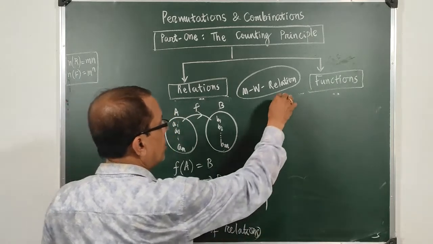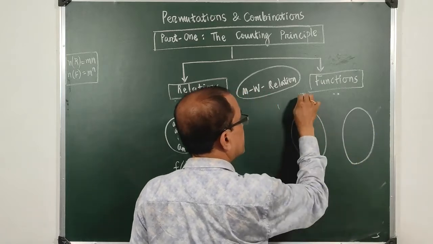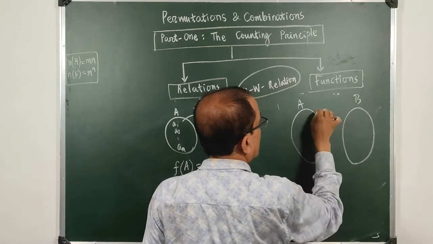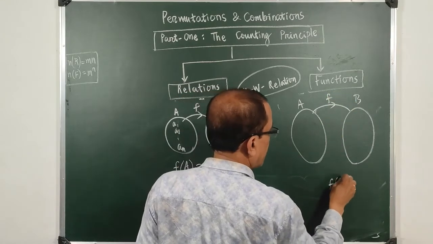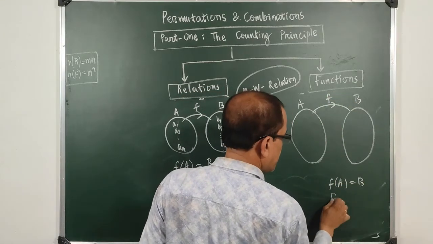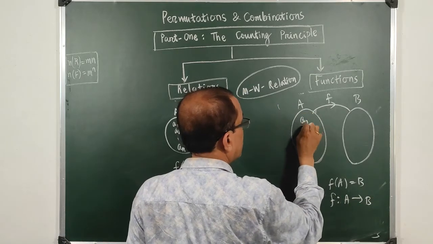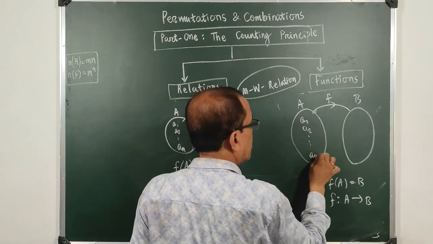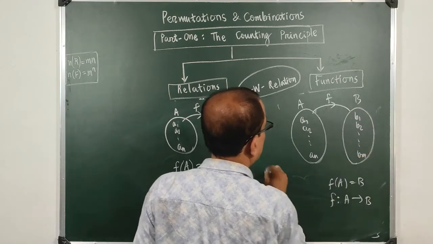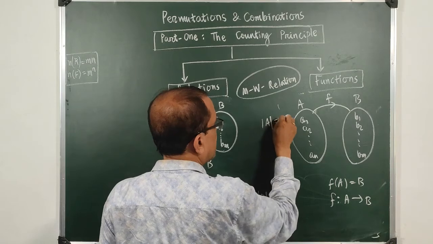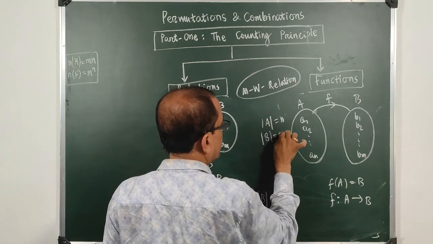But the number of functions, if we take the same A and B and have a function f defined over them, so that f of a is b and f is a function from A to B, and we have the same number of elements a1, a2 up to an and b1, b2 up to bm, so that we have cardinality of A is equal to n and cardinality of B is equal to m.